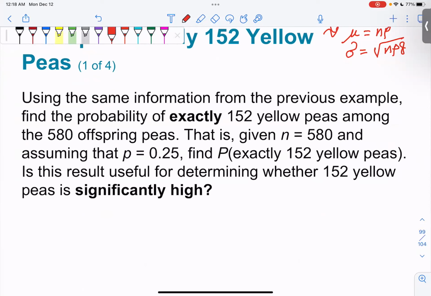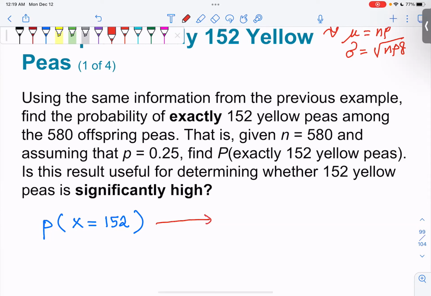So here, using the same information from the previous question, find the probability that x equals exactly 152. Okay, so this is a discrete probability problem, right? The discrete.